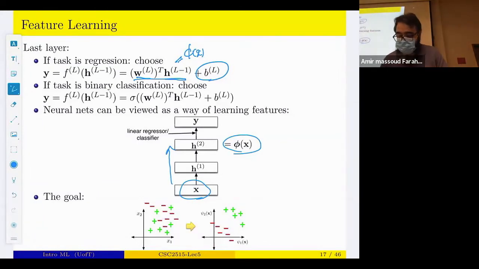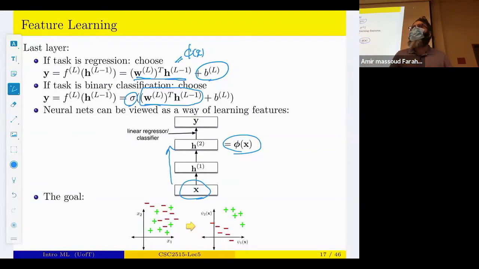Or it would be the same, a linear combination plus some nonlinearity, for example, a logistic function to make it a probabilistic interpretation. So you see that effectively a neural network is giving us this phi of x. And by learning the weights of a neural network, which I'm going to talk about later, we can learn this feature mapping.